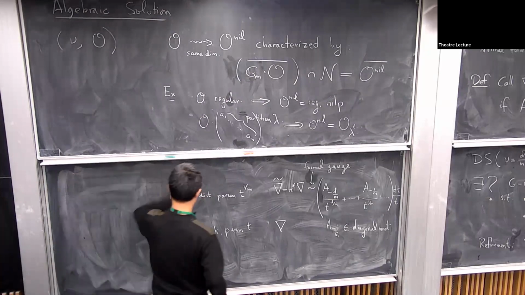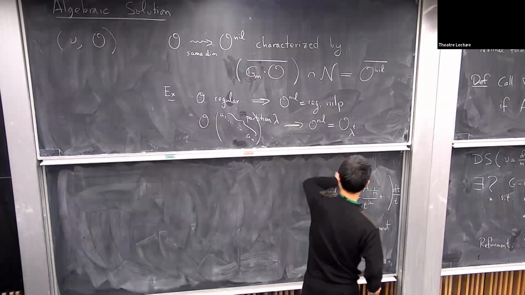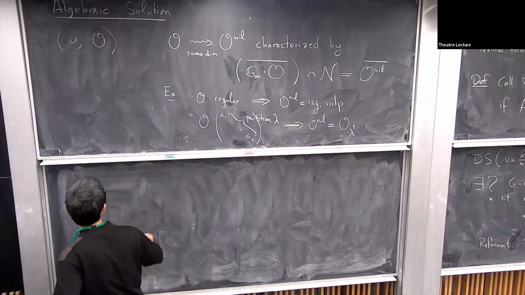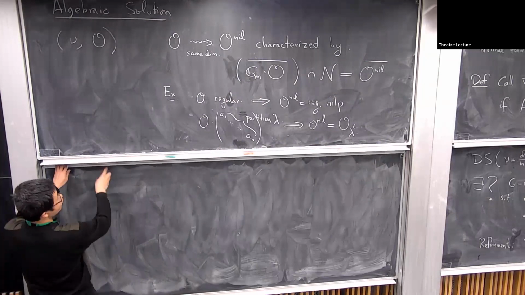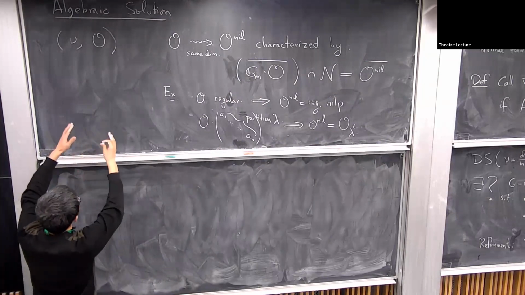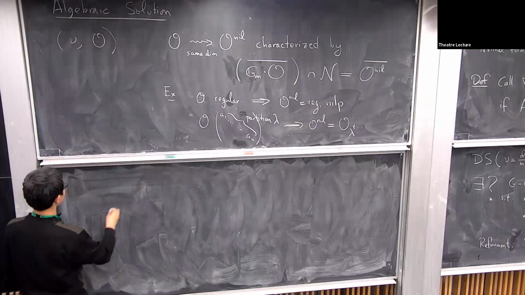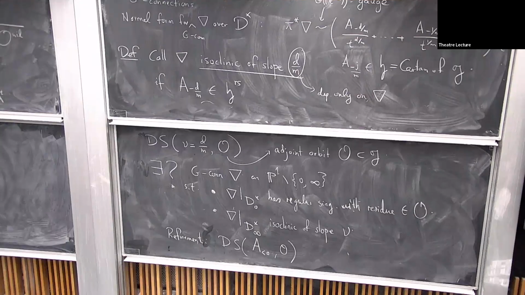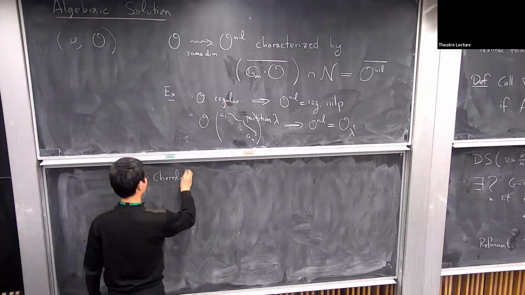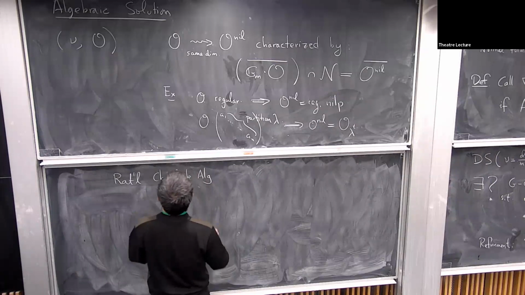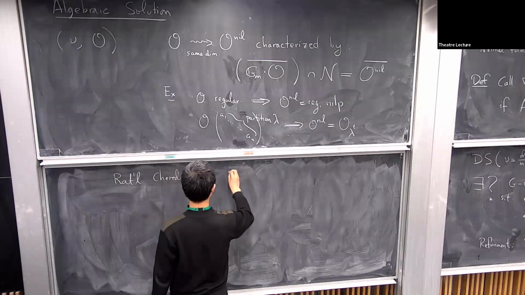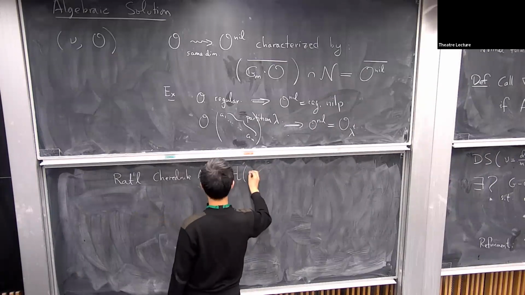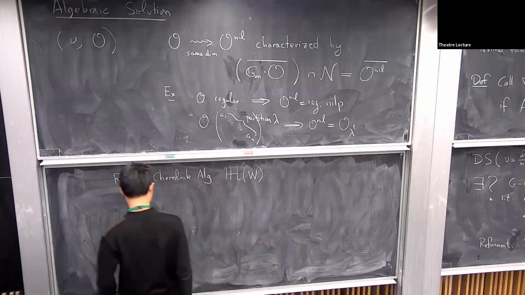Now, write down a theorem. Maybe one more piece of notation. So the answer will be formulated using the rational Cherednik algebra of the same type as G. It only cares about the Weyl group.